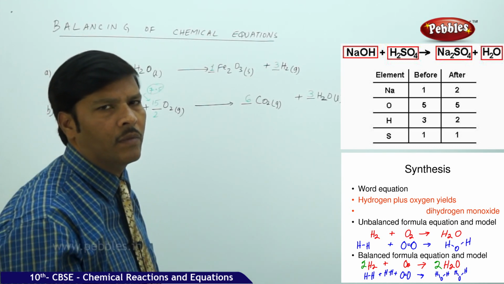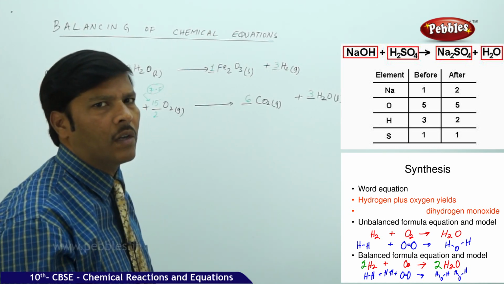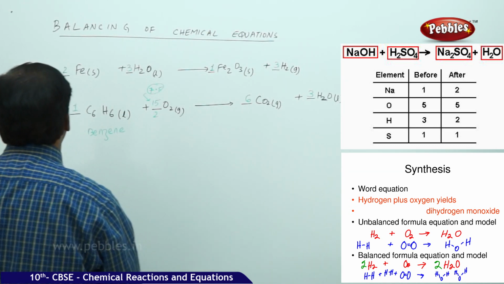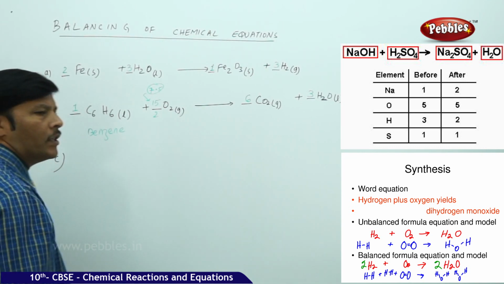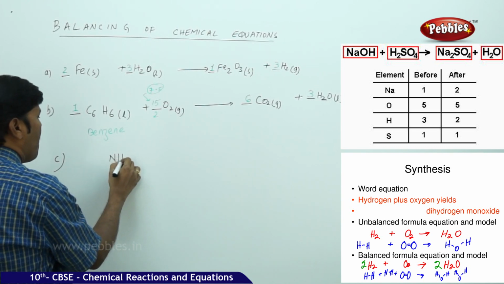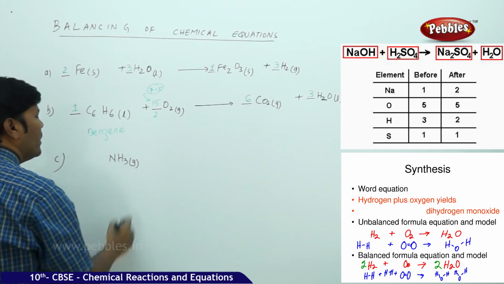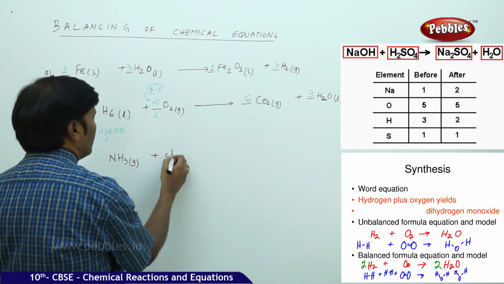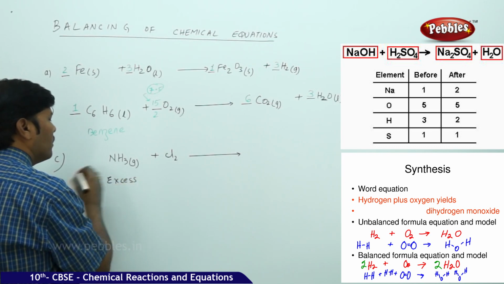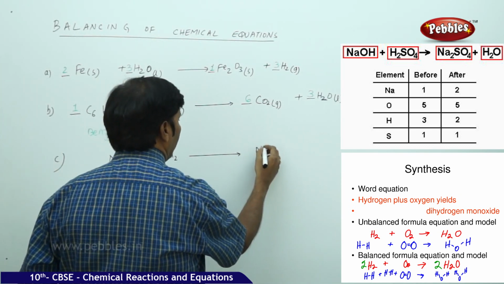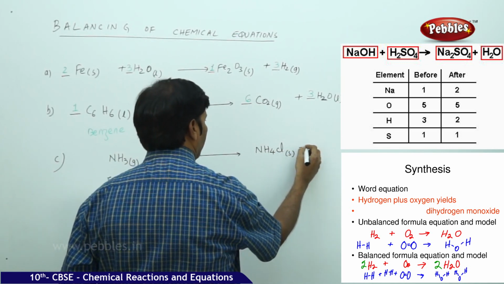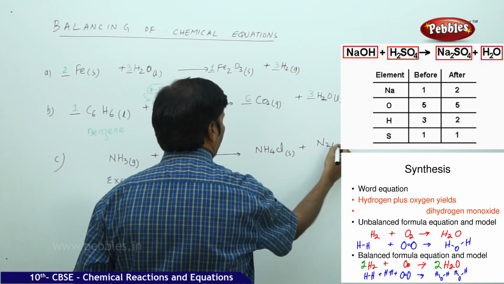This is one kind of reaction where you can easily understand how the chemical reaction is getting balanced. Look at this, go for the next part. Suppose sometimes a situation arises like this: ammonia gas plus chlorine, where ammonia is in excess, gives ammonium chloride solid plus nitrogen gas.